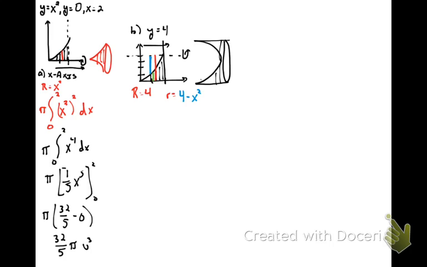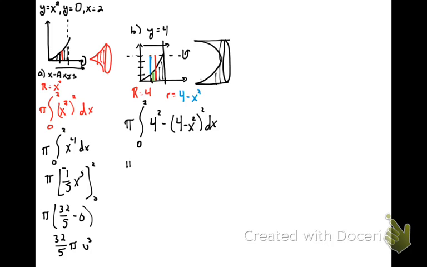And so when we set up our integral, it'll be pi times, everything's in terms of x, so we'll be going from 0 to 2. It'll be our big radius, in this case 4 squared, minus our little radius, in this case 4 minus x squared, squared dx.